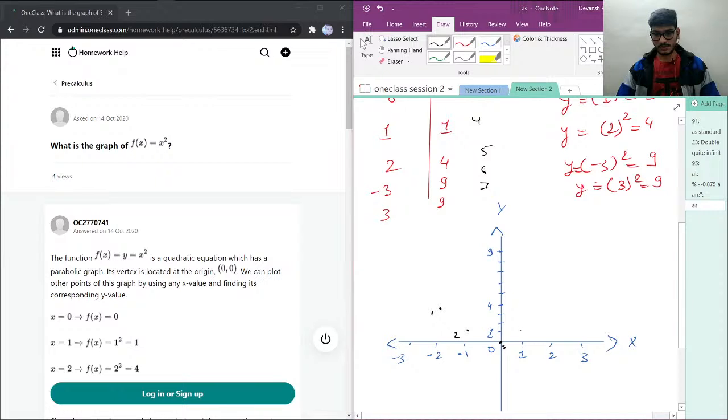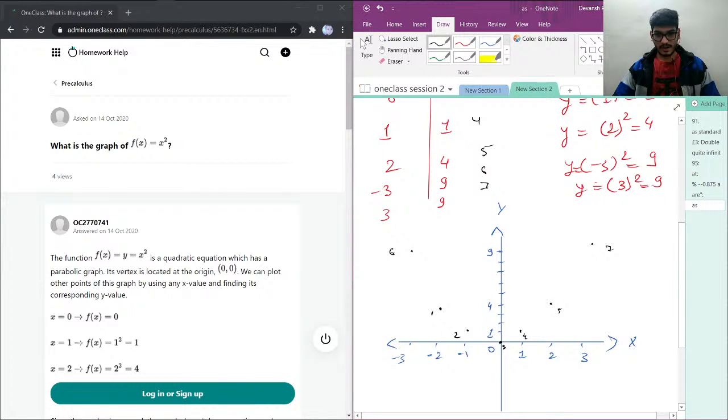So this will come somewhere here. This is the fourth coordinate. For x equal to 2, we had y as 4. This will come somewhere here. And for x equals -3, we had y as 9. This will be sixth. And for x equals +3, we had y as 9 only. So this is the seventh coordinate.